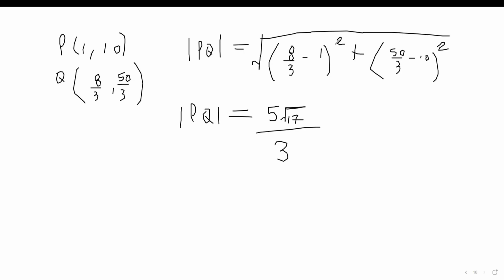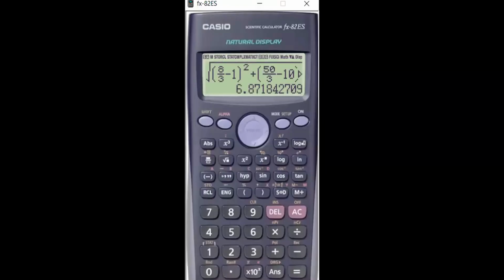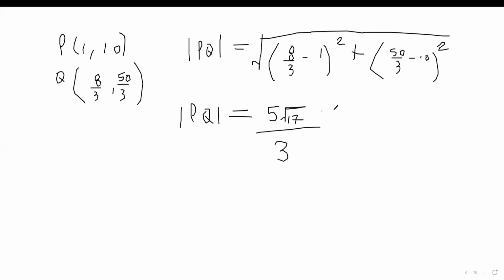Maybe you want to see it in decimal, so it's up to you. 6.87. So you realize that P and Q are fairly close. The distance between them is roughly 6.9 units. They're not very far apart. I know 5 root 17 over 3 looks big, but realize it's really small.